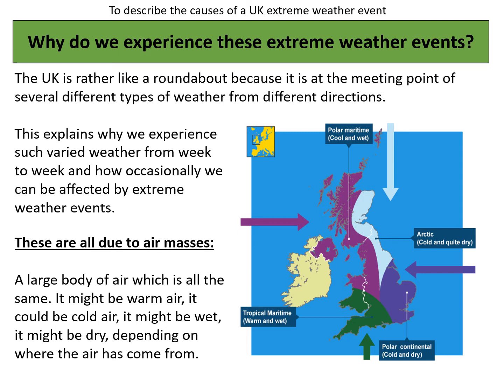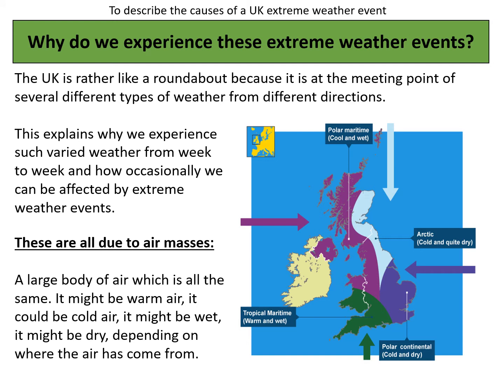If it's travelling from the poles or from the Arctic, it's going to bring very cold air. And if it's travelling from the tropics, from the equator, then it's going to bring very warm air. And you can see here the parts of the UK which most commonly experience these different types of air masses. They are colour-coded to show you that.